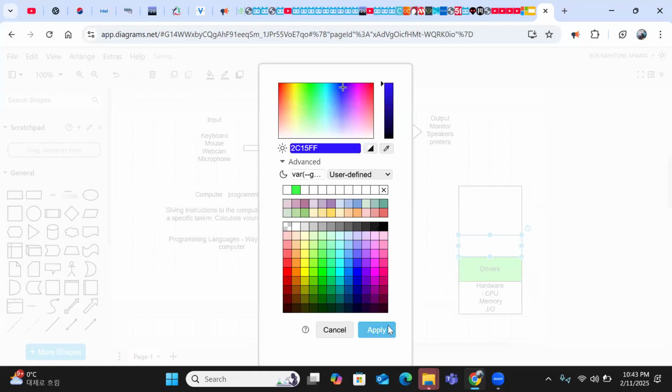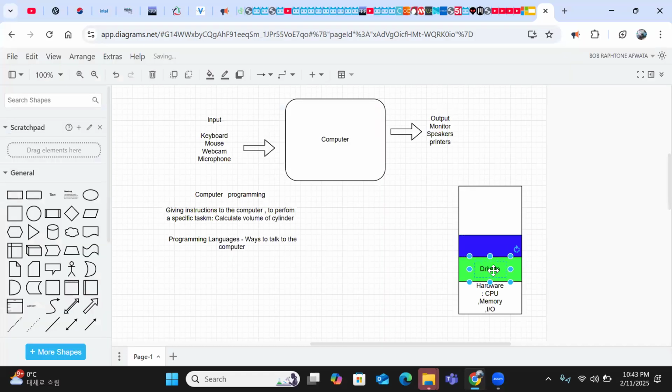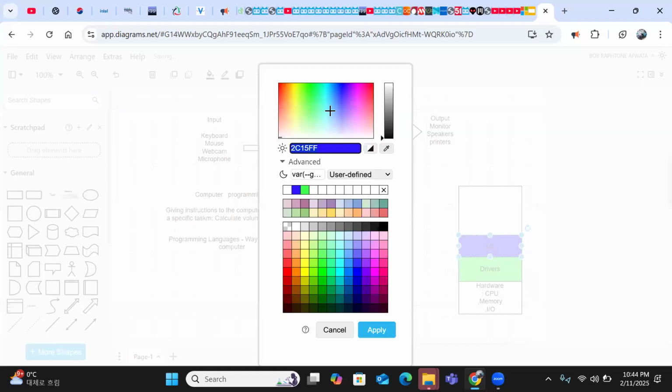Then on top of this is what is called the OS, the operating system. Can you mention some OS you know? Which OS are you using?